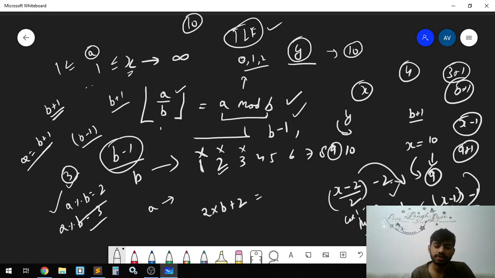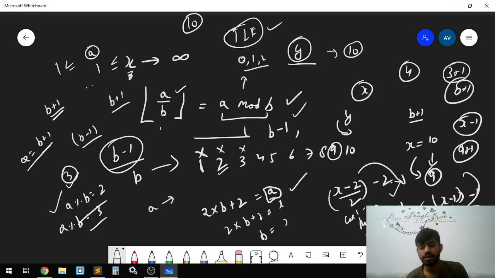So this is equal to a. If this a can't exceed the limit of x, then I can say this will definitely make a special pair. Similarly I can find that 2 into b plus 2 equals x, and b can be at max x minus 2 by 2.